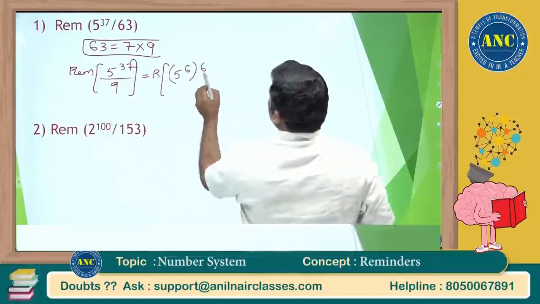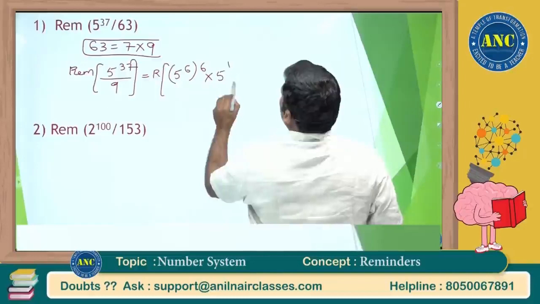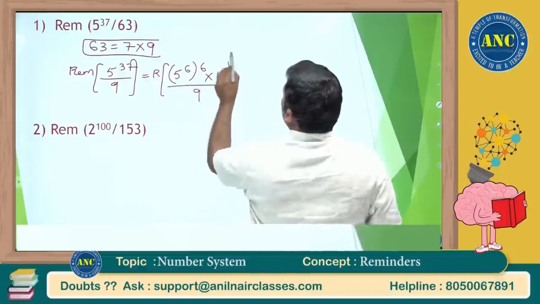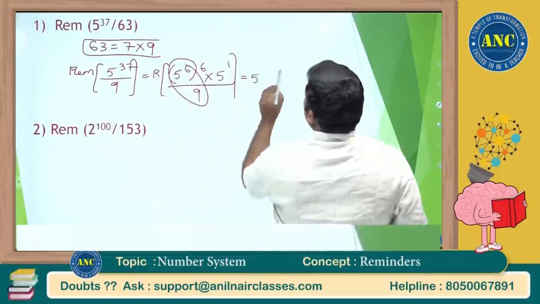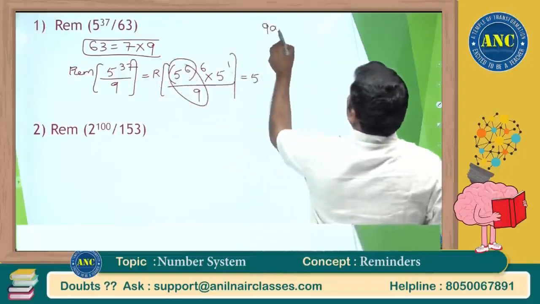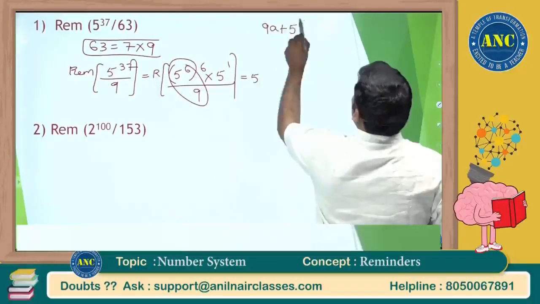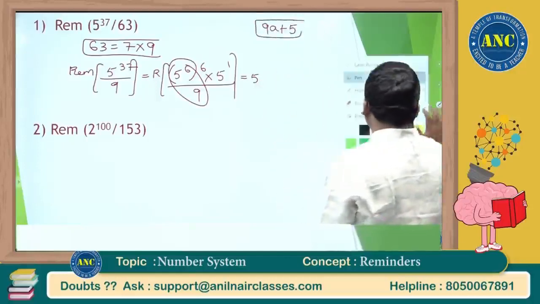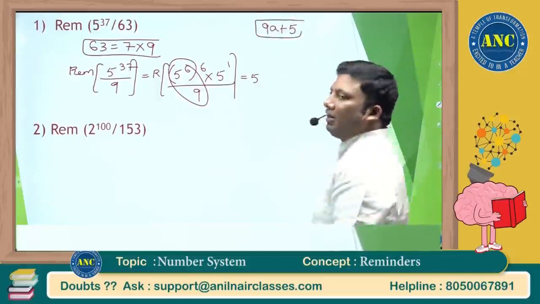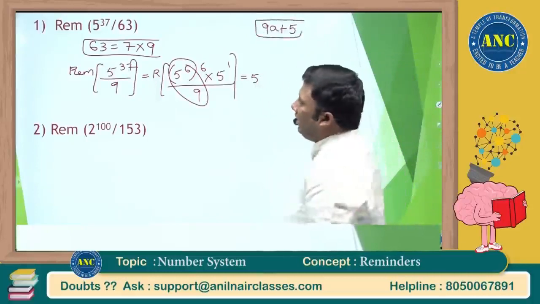So 5 power 6 power 6 into 5 power 1, by 9. The 5 power 6 part is 1, so the answer is 5. When divided by 9, it should give remainder 5. I hope the idea is clear.